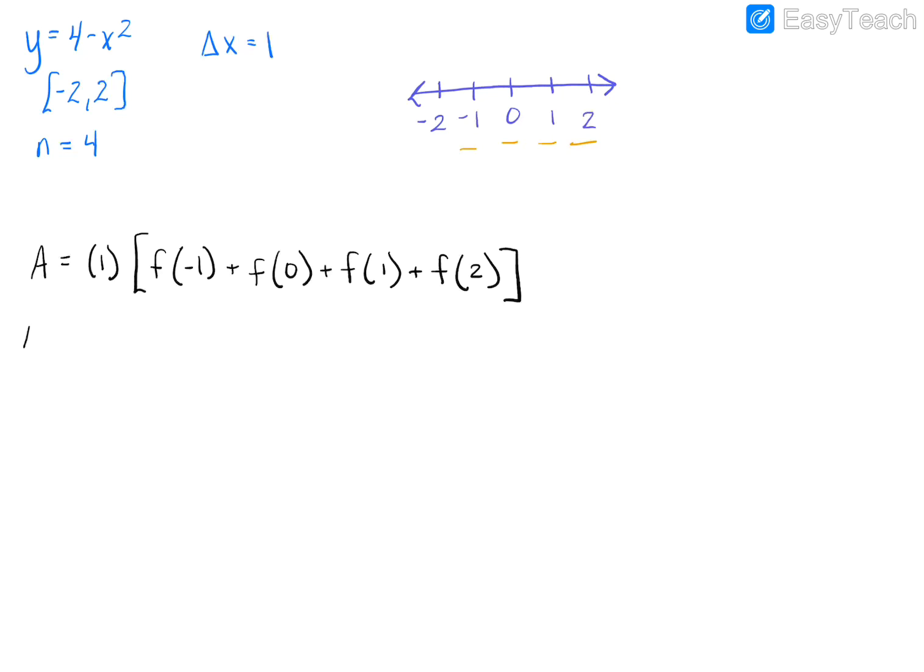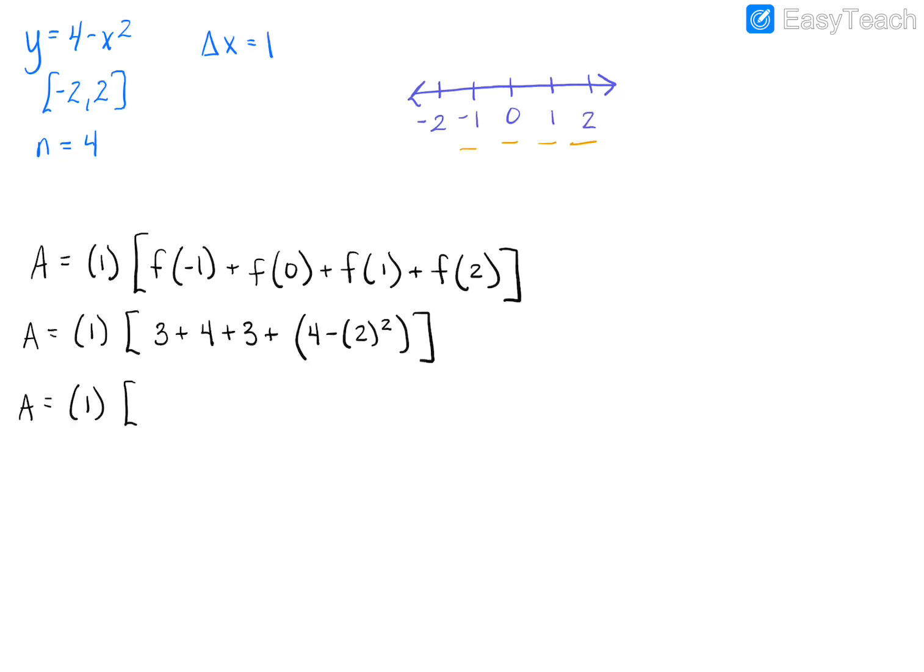So like I said before, we already did some of this work, so it's going to be 3 plus 4 plus 3 plus 4 minus 2 squared. So what that is going to look like is area is equal to 1 times 10.